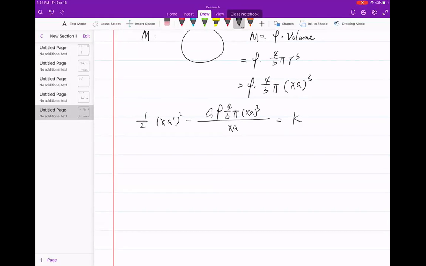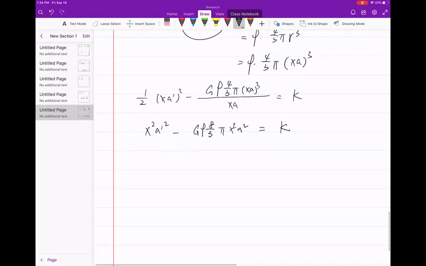Let's simplify a little bit. That's going to be x squared a prime squared, times the 2, minus G rho 8/3 pi x squared a squared equals 2K, which we again denote by K because it's just a constant, divided by x squared because it's not important. Again, that's just a constant.